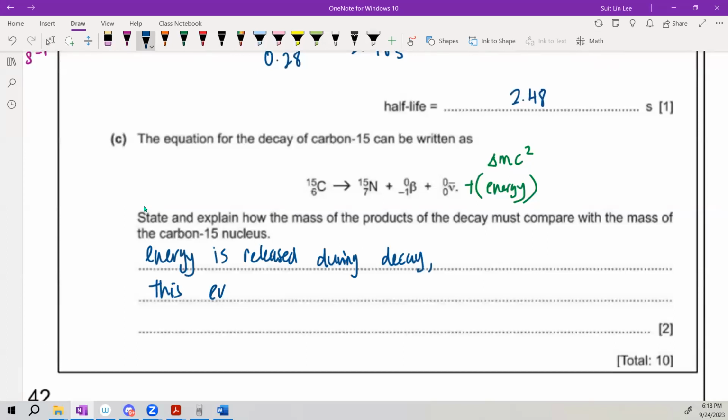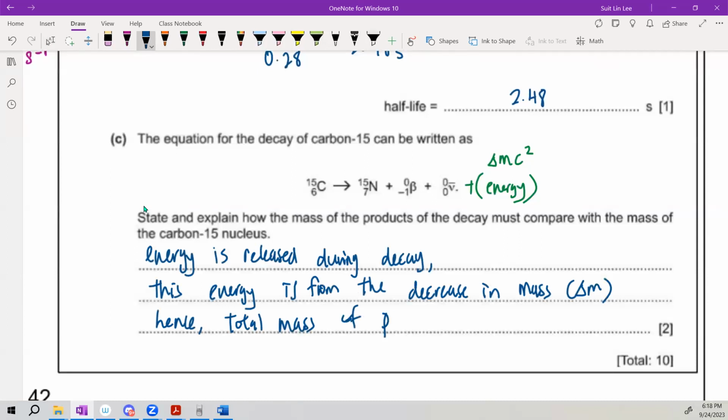Let's say this energy is from the decrease in mass, delta M. Hence, the total mass of the product must be less than the reactant carbon-15. Reactant is a chemistry person phrase.